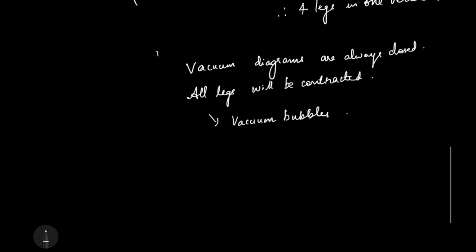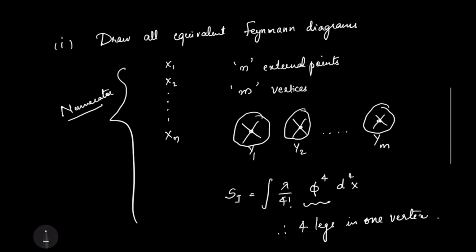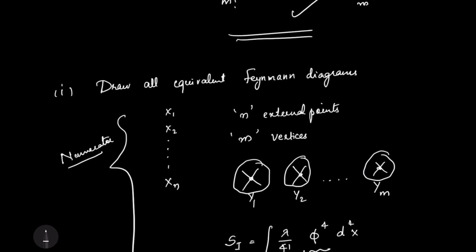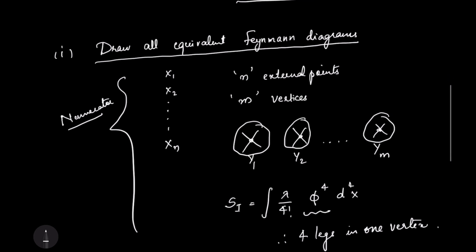So this is all about the denominator of the above expression. So the first step in computing the n-point function is to draw all equivalent Feynman diagrams, which can be done in this way.